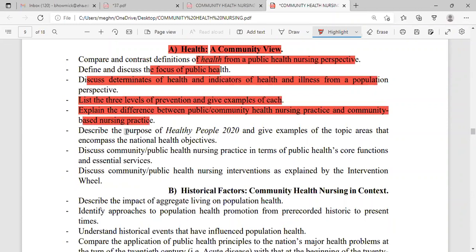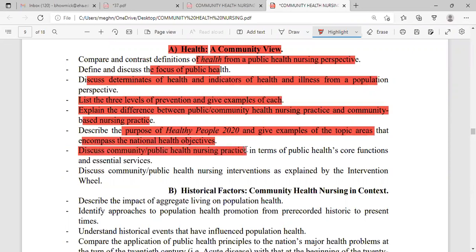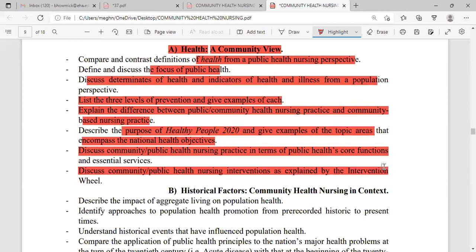Describe the purpose of Healthy People 2020 and give an example of the topic areas that comprise the nation's health objectives, and discuss community and public health nursing practice in terms of public health core functions, and discuss the community public health nursing interventions as explained by the intervention wheel.